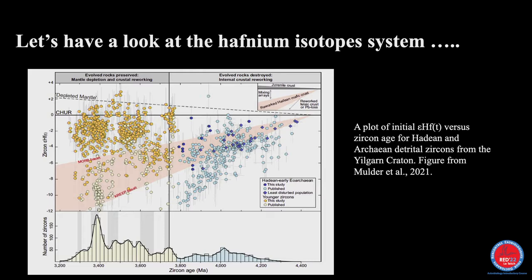We may differentiate between TTGs derived from ancient Hadean crust and TTGs derived from freshly melted mantle. And that is why I told you, no, Hadean crust did not disappear.